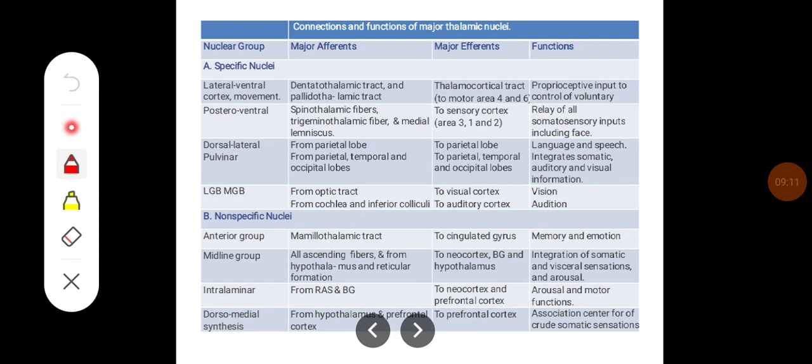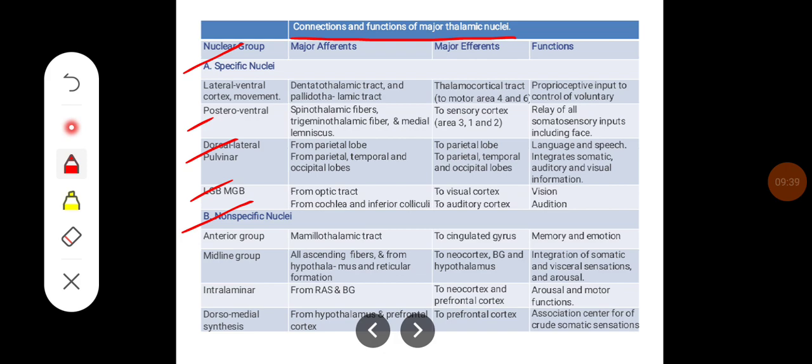So here you can see the connections and functions of the different major thalamic nuclei. As we know, functionally they are specific nuclei and non-specific nuclei. The specific nuclei are the lateral ventral, posteroventral, dorsal lateral, and lateral and medial geniculate bodies.